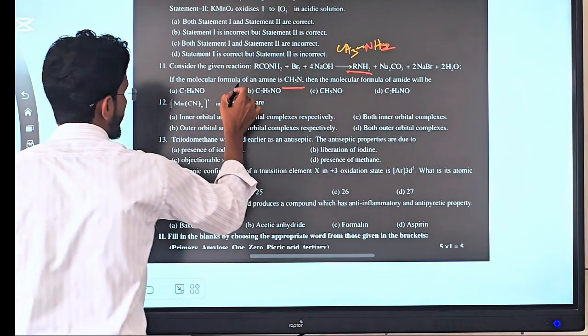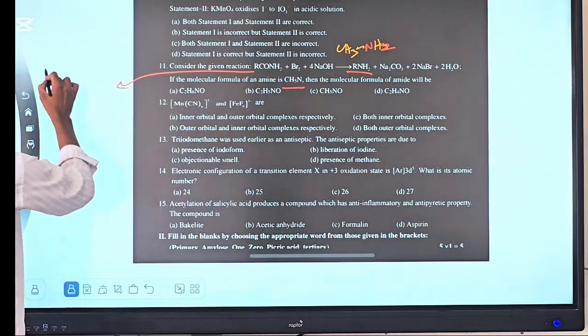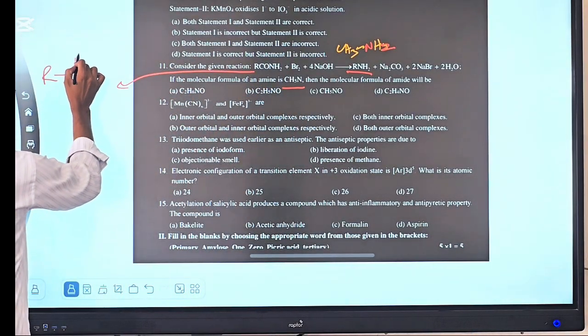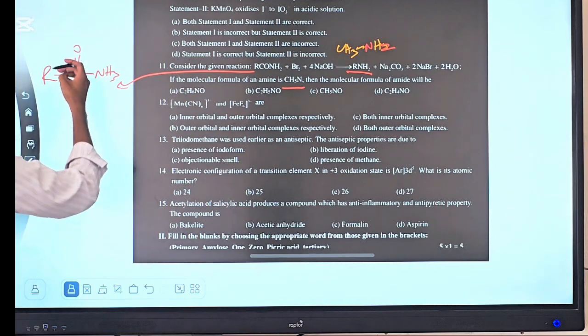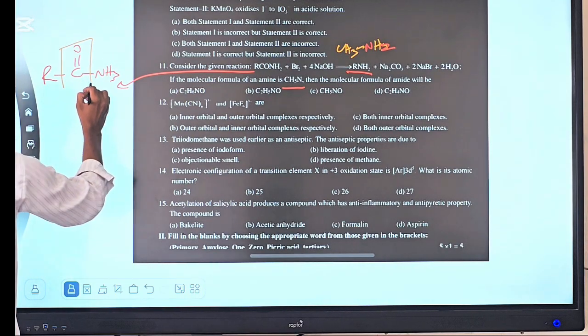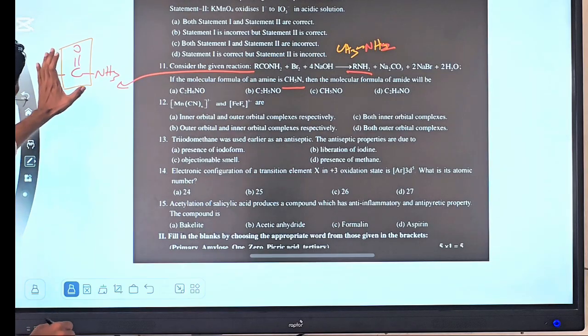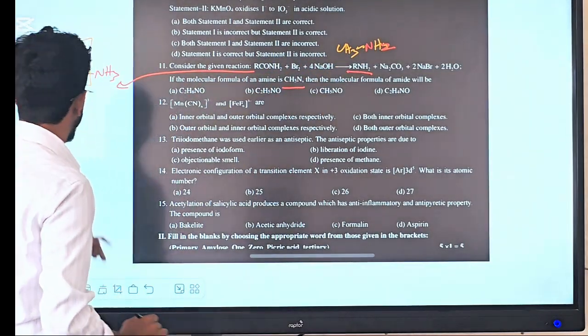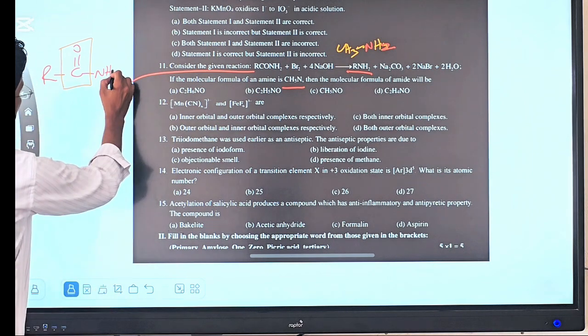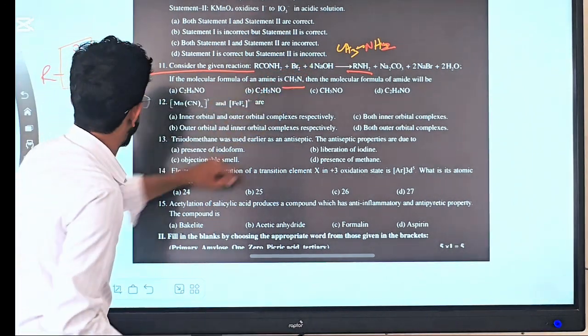This is RCONH2, that is R-C double bond O-NH2. In this RCONH2, there is a leaving of this group in the Hofmann bromamide reaction. If we remove this, the formation of this compound will take place. Now, instead of R, what will we put? CH3.